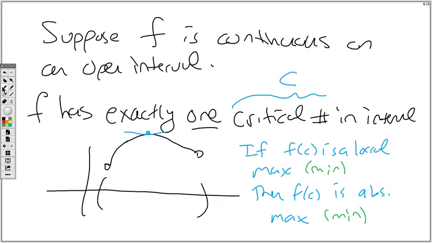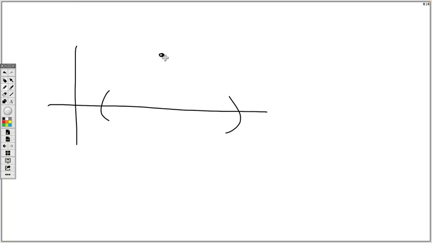Now, why is that? Let's say that's where the derivative is 0 and it's a local max. So I know that it's got to look like this.